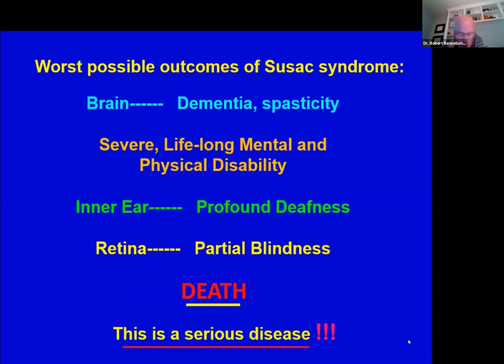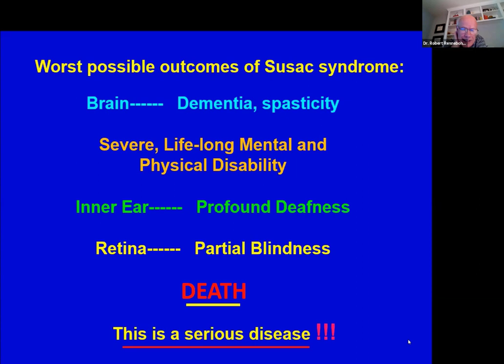Among the worst possible outcomes of Susac syndrome are dementia and severe spasticity. Some patients end up with severe lifelong mental and physical disability. Profound deafness can require cochlear implants, and partial blindness can occur due to the cumulative visual loss from BRAOs.